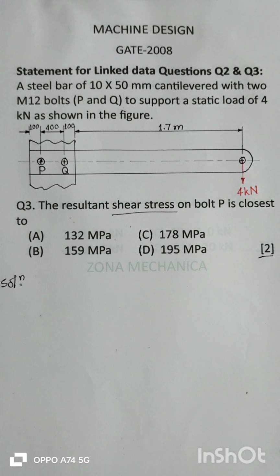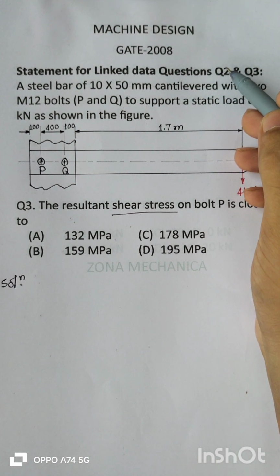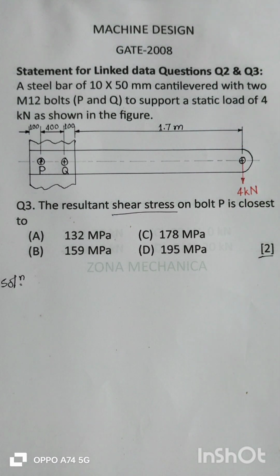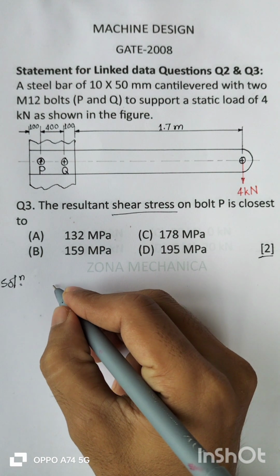Well, first let us see what we got in question number 2. In question number 2, the question was, what are the primary and secondary shear stresses acting on bolt P? And we got two results.